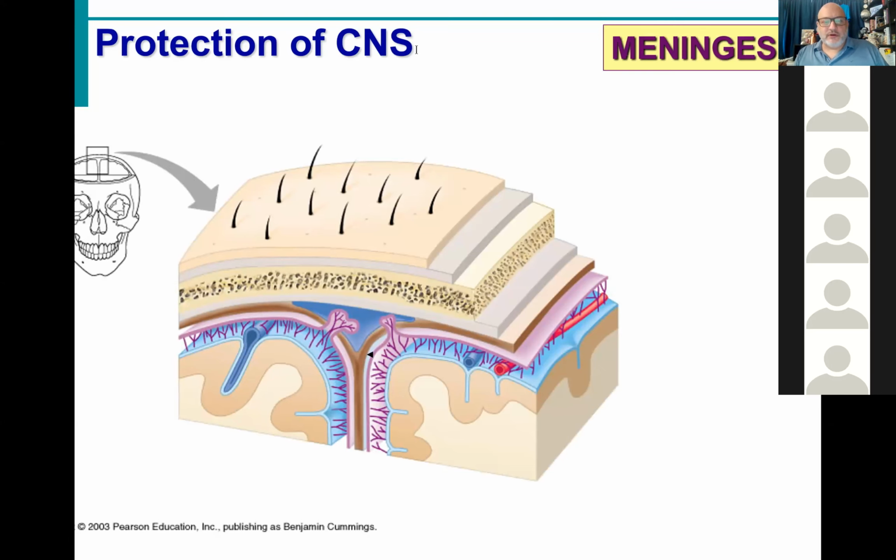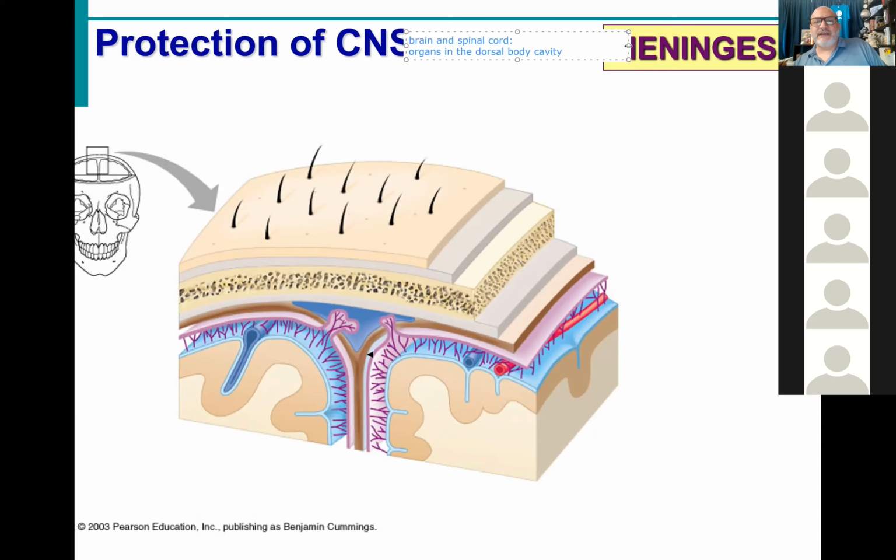If you remember, on the first day of class, we were talking about how the brain and the spinal cord, or at the time, more specifically, the organs in the dorsal body cavity, have a special collection of connective tissues that provide protection for them.